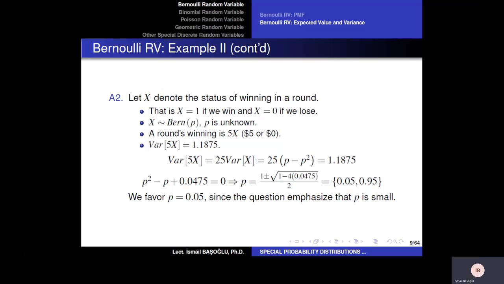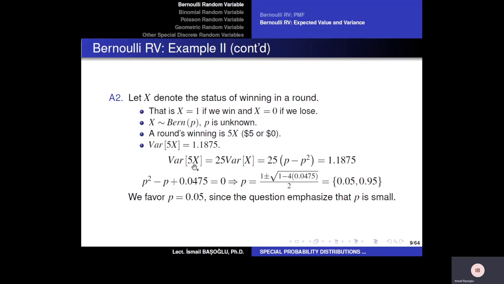Therefore, the question provides us the variance of a round's winning is 1.1875, and the variance of 5X should be equal to 1.1875. Now, we know that if there is a linear transformation applied over a random variable and we calculate the variance of that linear transformation, the coefficient in front of the random variable gets out of the variance as squared.